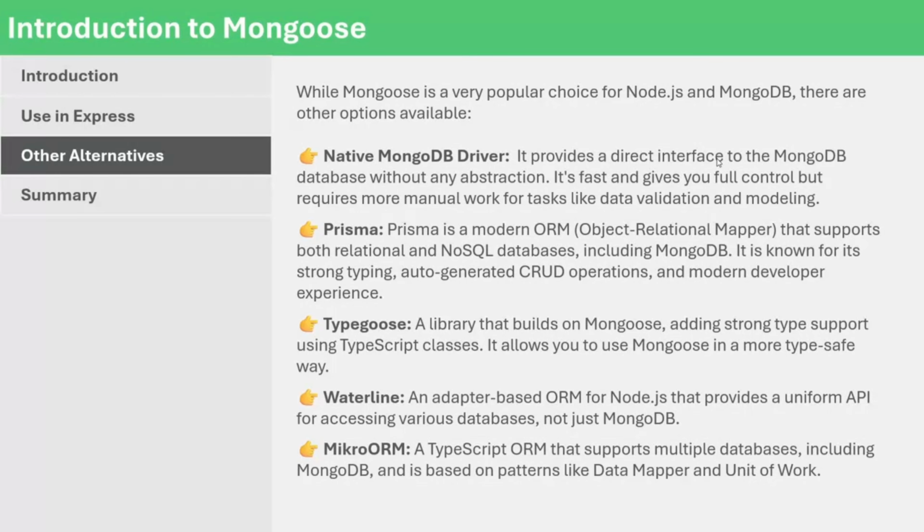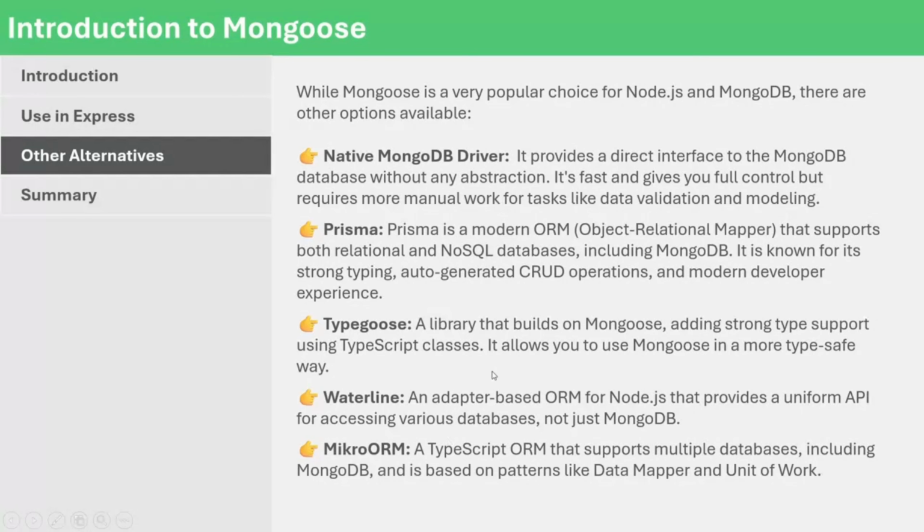You also have Typegoose, which is a library that builds on Mongoose and adds strong type support using TypeScript classes. So it allows you to use Mongoose in a more type-safe way. Then you have Waterline and MikroORM. These are other alternatives to Mongoose. But in this course, I'm going to use Mongoose to connect to and work with the MongoDB database from our Express application.